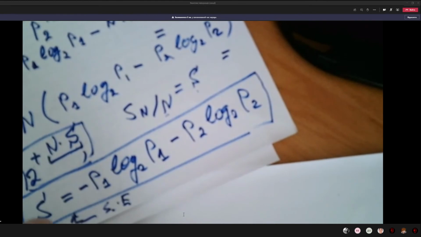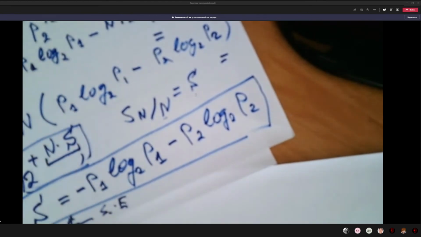N times S is the whole amount of information in this message.